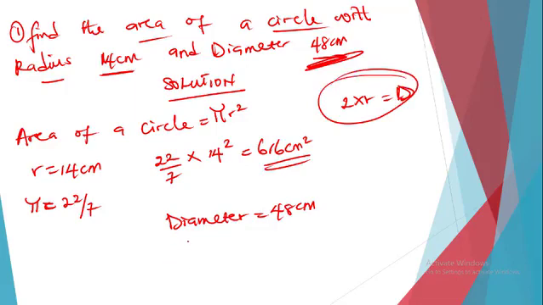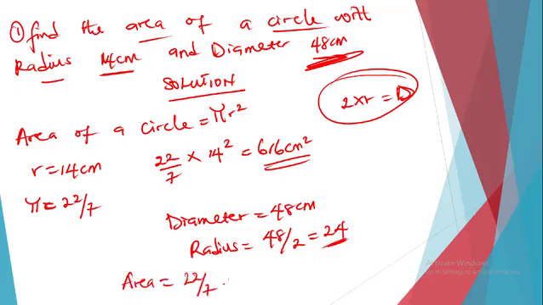So to get radius, we have radius to be equal to 48 divided by 2, and that will give us what? 24, right? So solving with 24, we have that the area will then be equal to 22/7 times 24 squared, and that will give us 1810 cm squared. Okay, as simple as this.